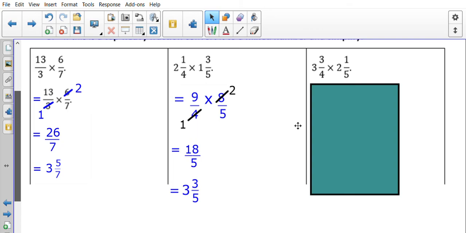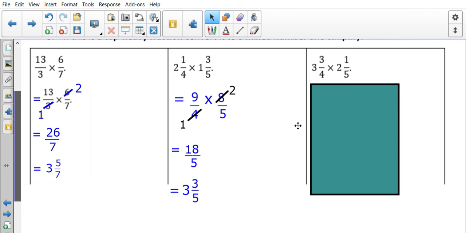You can't simplify with the other diagonal, so the numerators multiply together: 9 times 2 gives you 18. Multiplying the denominators, 1 and 5, gives you 5. Don't leave your answer as an improper fraction, change it back to a mixed number. So 18 over 5 is the same as 18 divided by 5. 5 goes into 18 3 times with 3 left over, so 3 and 3/5.